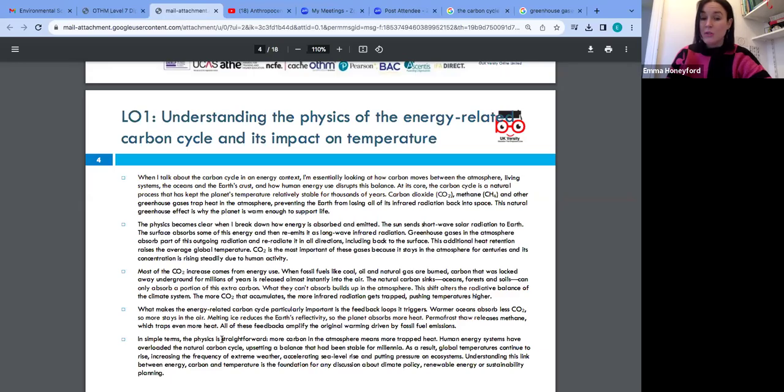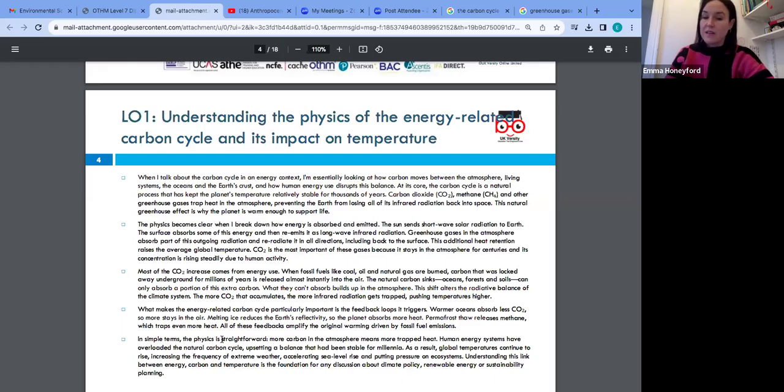So melting ice reduces the Earth's reflectivity, so the planet absorbs more heat, which in turn adds to more warming of the planet. Permafrost thaw releases methane, which traps even more heat. So it's really important. We need our oceans. We need our ice caps. They're really important to store greenhouse gases so that we don't continue this excessive warming of the planet.